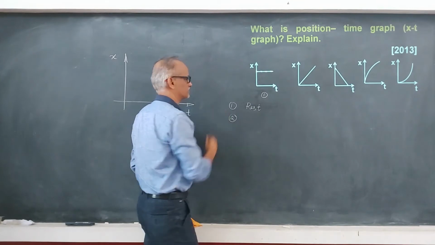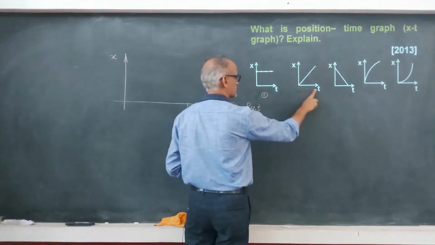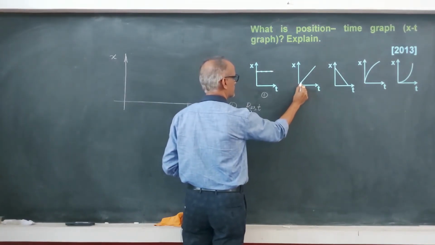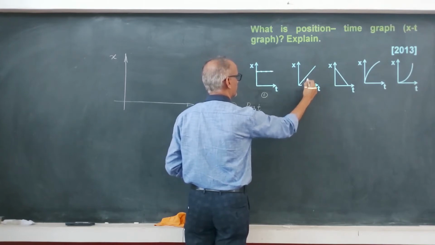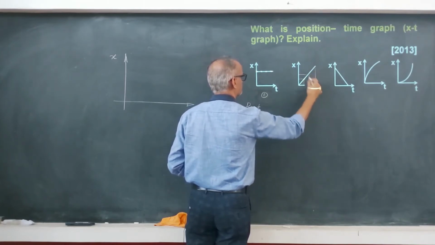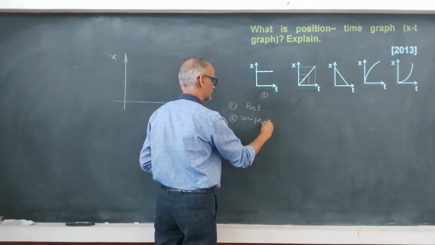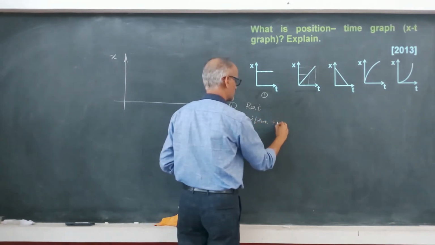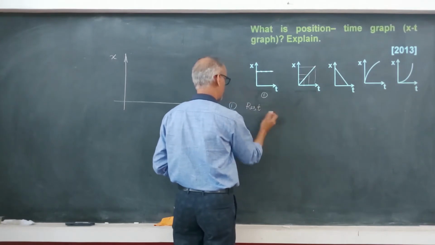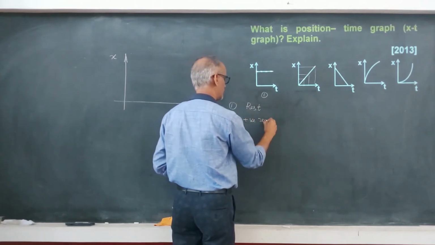The second one, as the time increases, the position also continuously increases, and it increases in such a way that the body moves with uniform positive velocity.